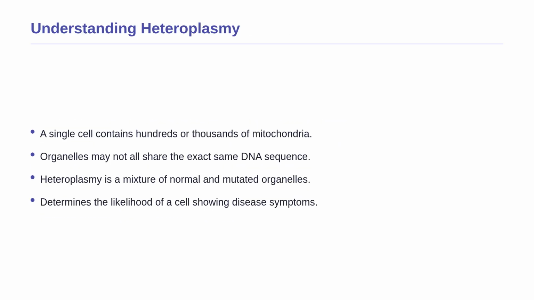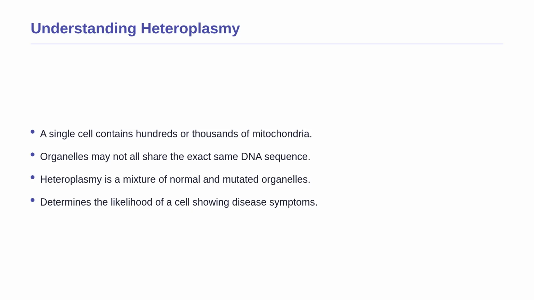This brings us to an important cellular reality regarding these diseases. Because a single cell contains hundreds or even thousands of mitochondria, they might not all share the exact same DNA sequence. Sometimes a cell ends up with a mixture of perfectly normal organelles and mutated ones. We call this mixed state heteroplasmy.